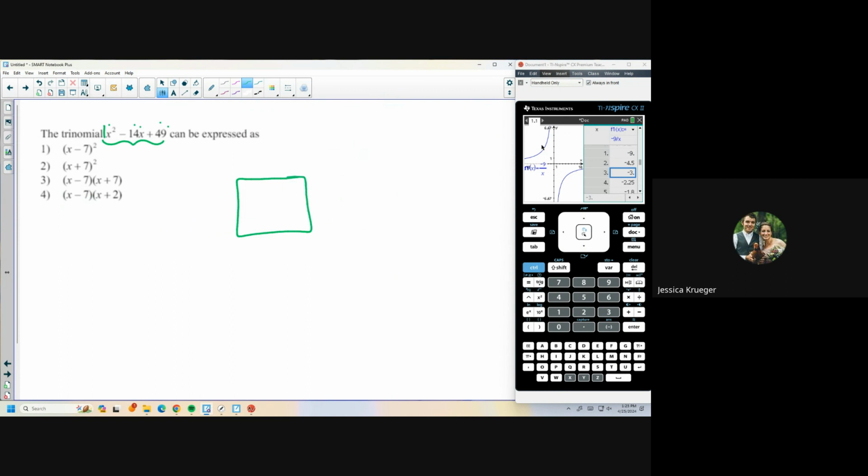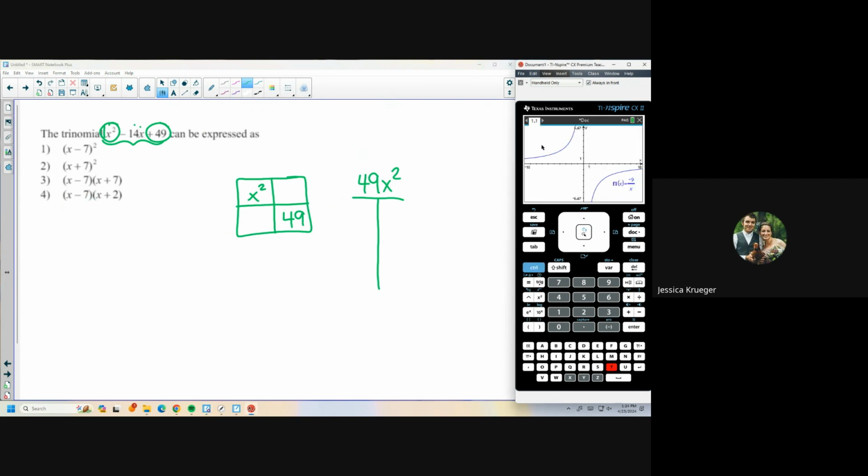I'll set up my area model. I'm putting my first term up here, my last term down here, and then I'm going to multiply these together. So I've got to think about things that are going to give me 49. So factors of 49.